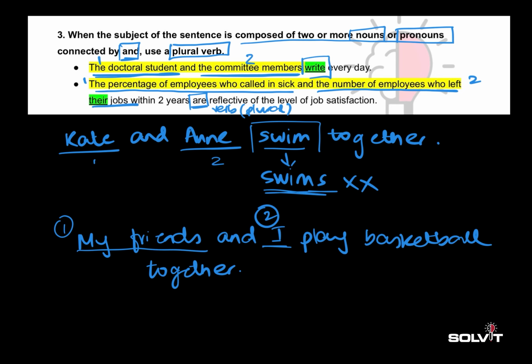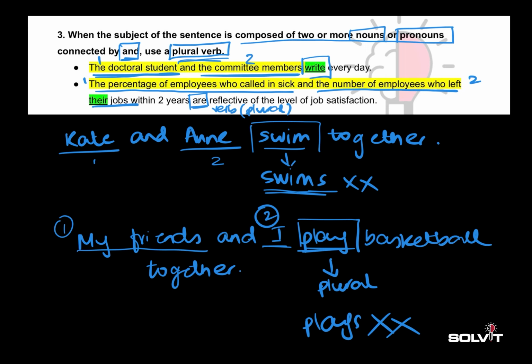I'm the second subject. Play basketball together. Okay, so "play" is the verb here, and I'm using the plural form of the verb here. Now, the singular form would be "plays," which would be wrong because if we say "my friends and I plays basketball together," that's wrong because once again our subject and our verb are not in agreement with each other. So that would be incorrect. So remember, whenever there are two or more subjects in your sentence, you have to use the plural form of the verb.